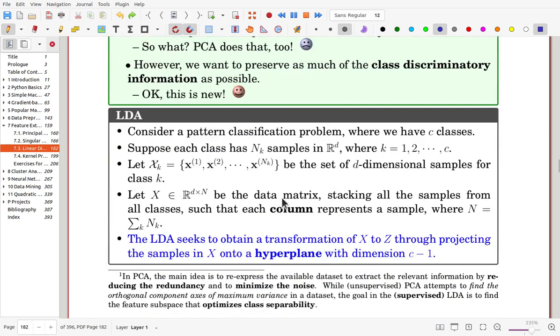Here are the basic terms. Consider a pattern classification problem where we have C classes. For each class, we assume there are nk samples, k from 1 to C. Now, xk is the collection of point samples, and each one has dimension d. So the whole data set is d by n dimensions, where each column represents a sample.